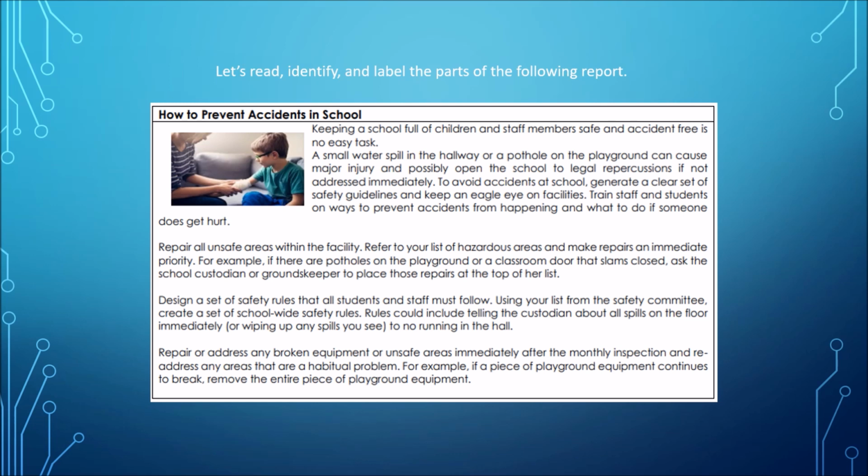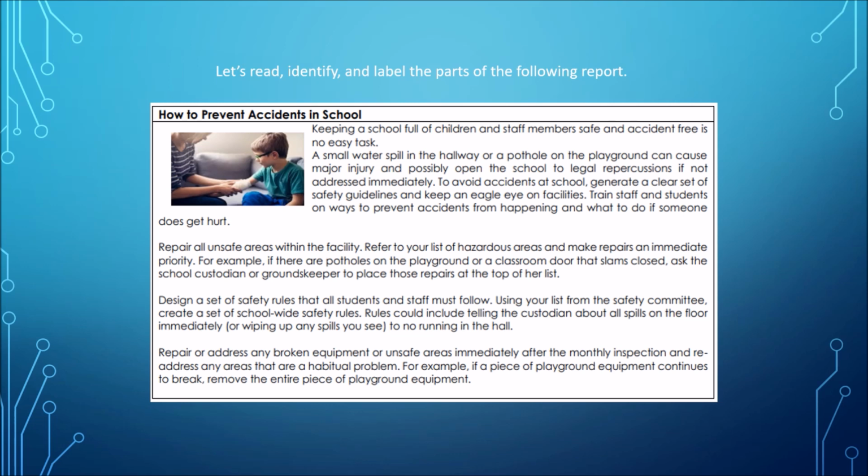How to prevent accidents in a school. Keeping a school full of children and staff members safe and accident-free is no easy task. A small water spill in the hallway or a pothole on the playground can cause major injury and possibly open the school to legal repercussions if not addressed immediately.